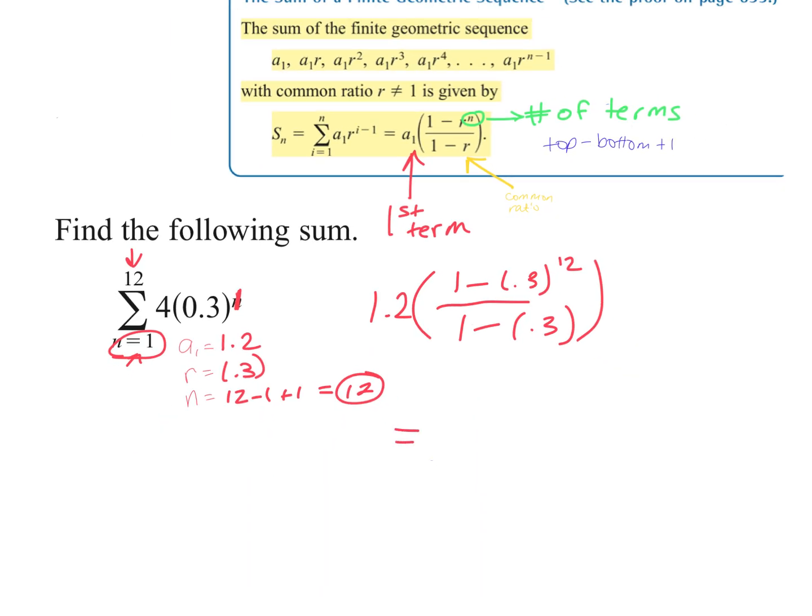Now you have to use your calculator. Where do we begin? Some of you can plug all of this in with all of the parentheses in the right spot and get the right answer. I don't suggest doing that. We start with the exponent. I'm going to say 1.2 times 1 minus, what is 0.3 to the 12th power?